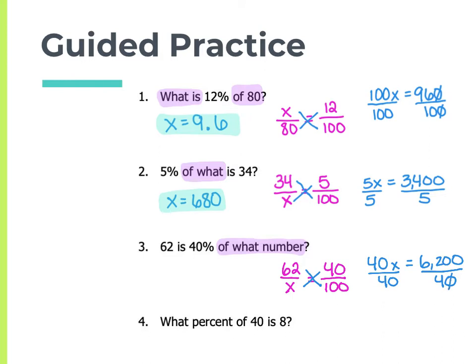I can cross out a 0 for the 40 and a 0 for 6,200. And now we're dividing 4 into 620. When we do, we get x equals 155.